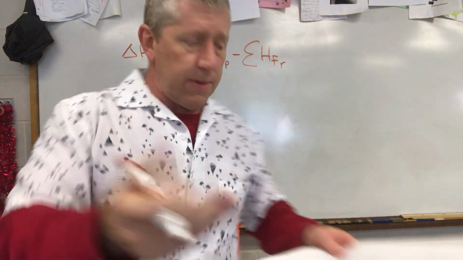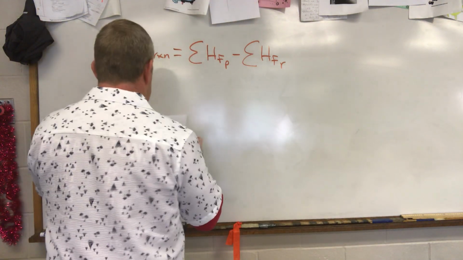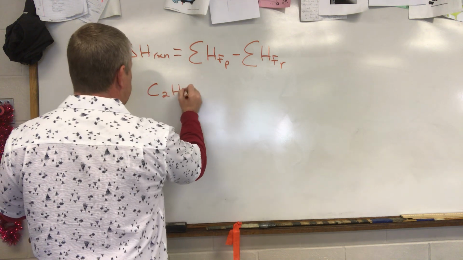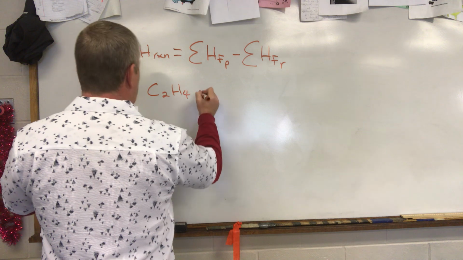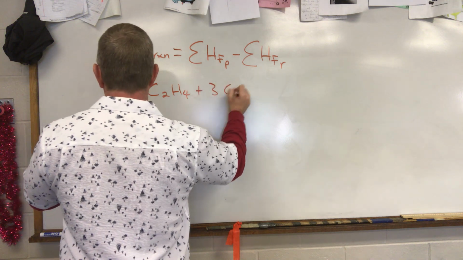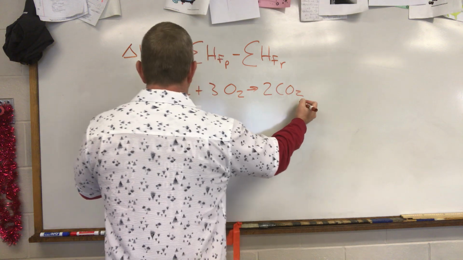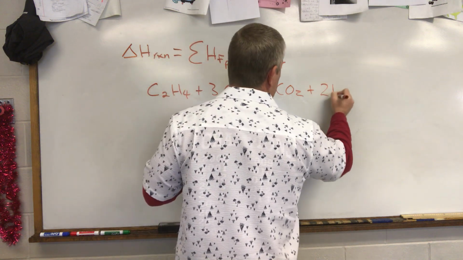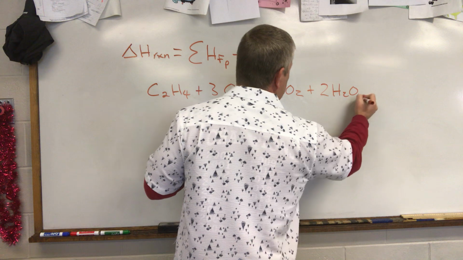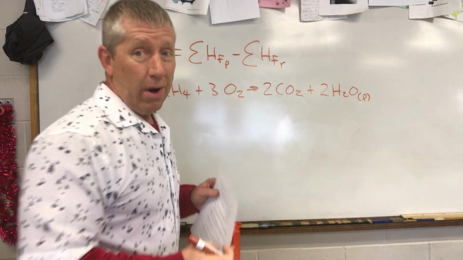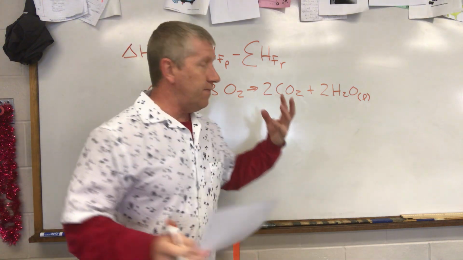All right, well, what is this reaction here? What do we have? We have some C2H4 plus some O2 yields 2 CO2s plus 2 waters. Now, we have to be careful here because I'm going to put water with the L. That's liquid water because it could be vapor, water vapor.